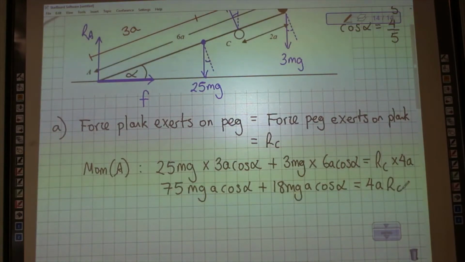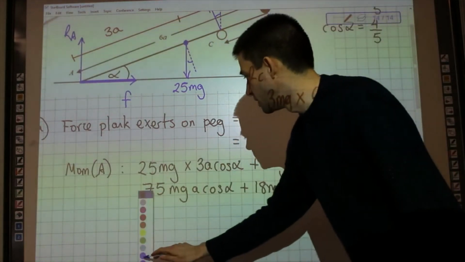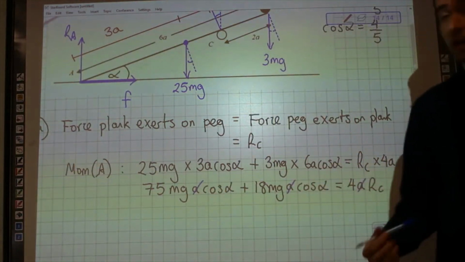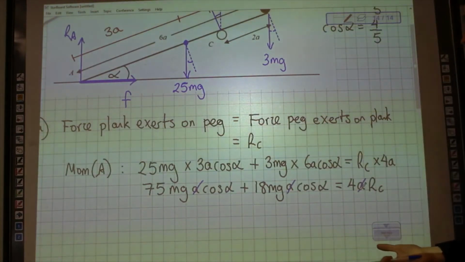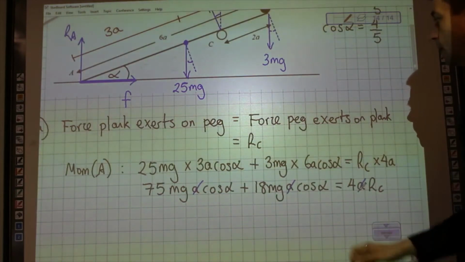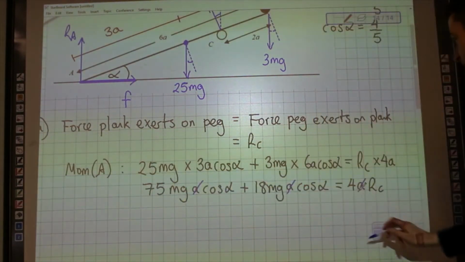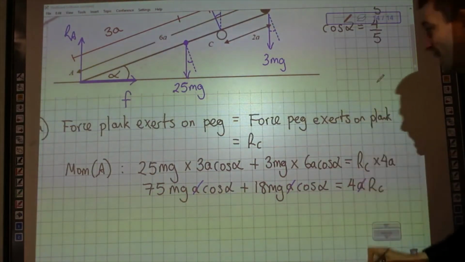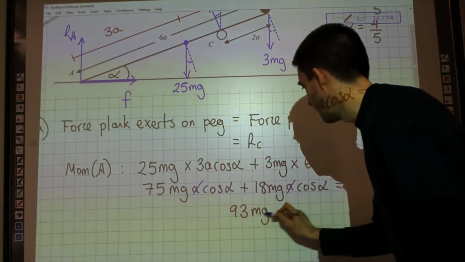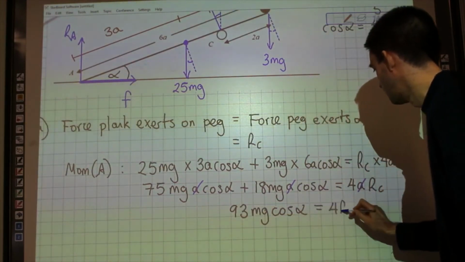So the first thing I'm going to do before I do any more calculations is I'm going to cancel all those a's. I can do that because I'm cancelling it off all of the terms. I then see that, look, I've got 75 mg cos alpha, I've got 18 mg cos alpha, so I can collect that together, which gives me 93 mg cos alpha equals 4 RC.